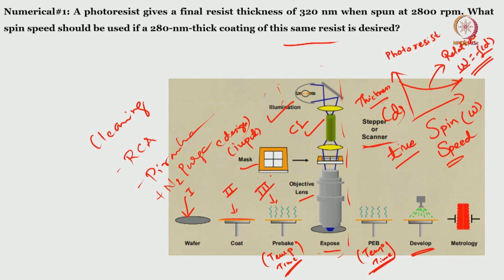So, when you expose it, your UV rays or light from this illumination part, there are different sources, there can be excimer lasers and other sources. So, that will fall onto your mask, which has a certain pattern.